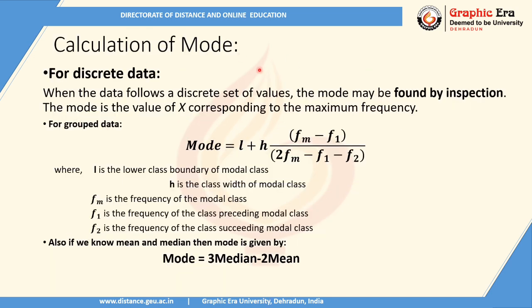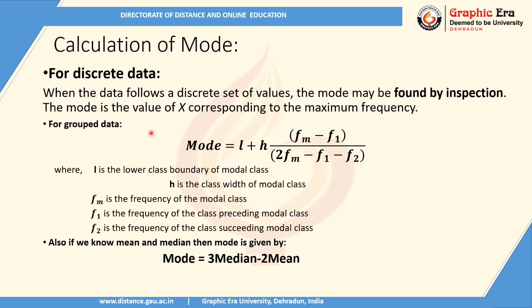So how to calculate the mode? One is the discrete data. From the discrete data, we can get the mode by inspection. The value which has the maximum frequency is the mode of the data.